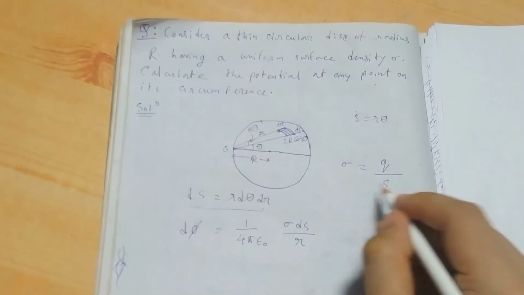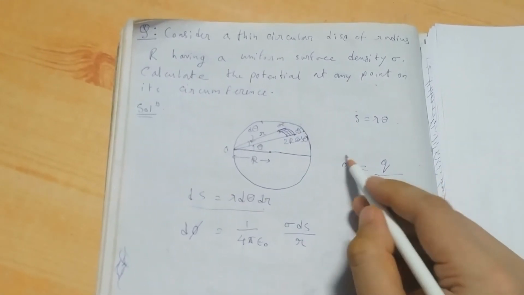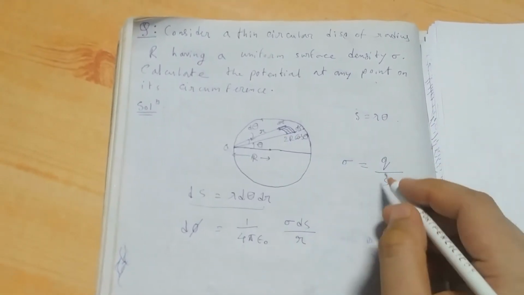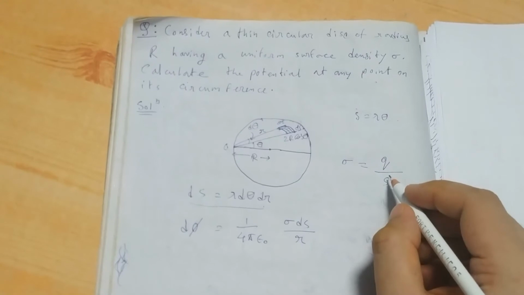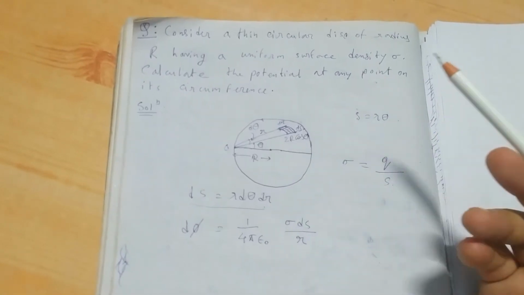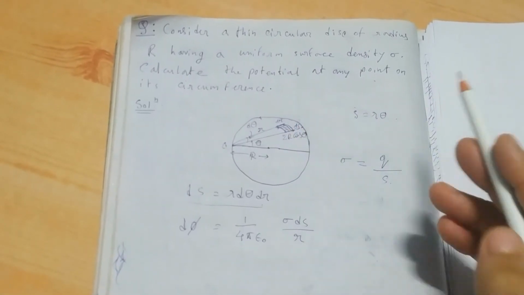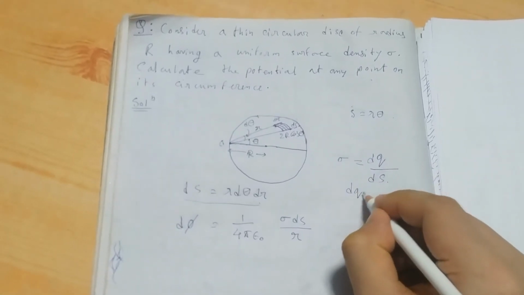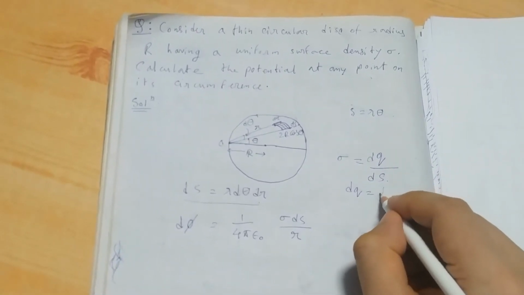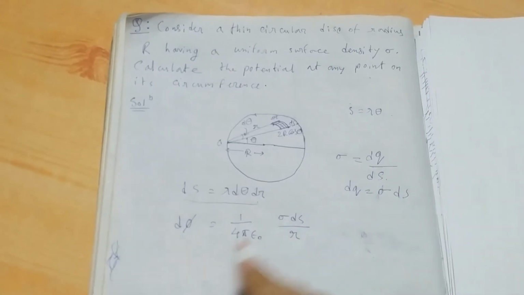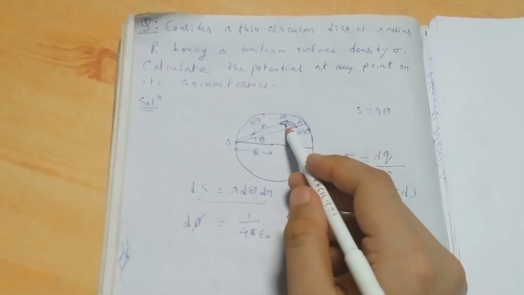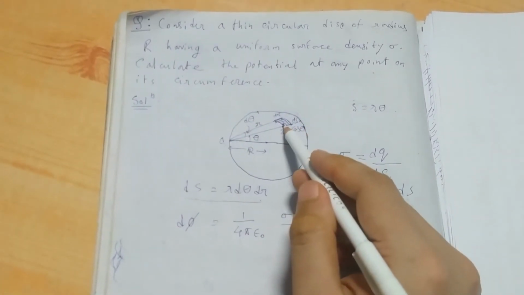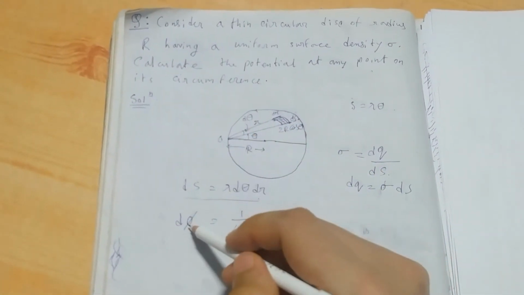So sigma will be q by s, that is the surface charge density, and in this region s is ds. We can assume that there is a dq charge, so we can write dq is equal to sigma ds, and this is only a part of the whole disk.